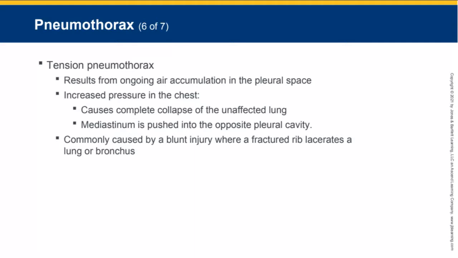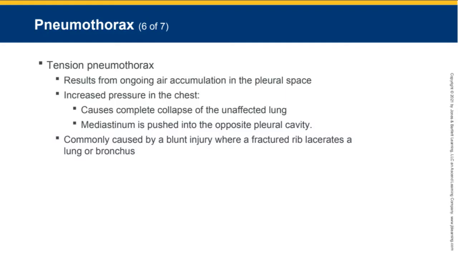So it now leads to obstructive shock. And this creates a back pressure in the veins. This is the patient that will get distended neck veins. It's commonly caused by blunt injury, where a fractured rib lacerates a lung or bronchus.